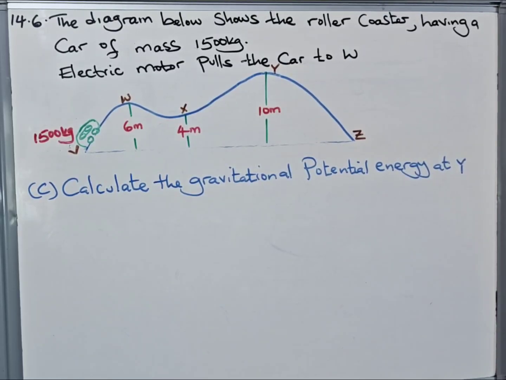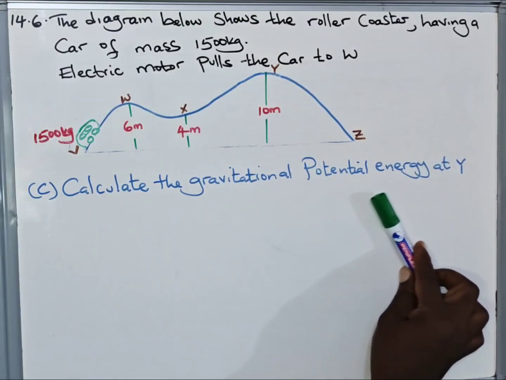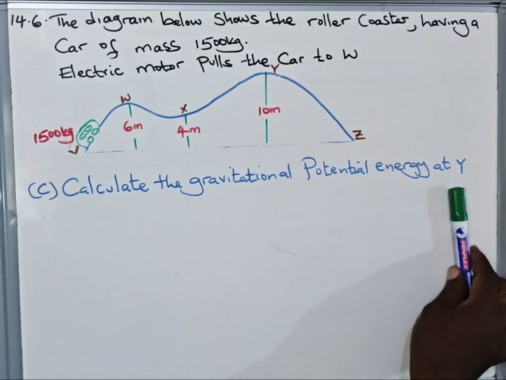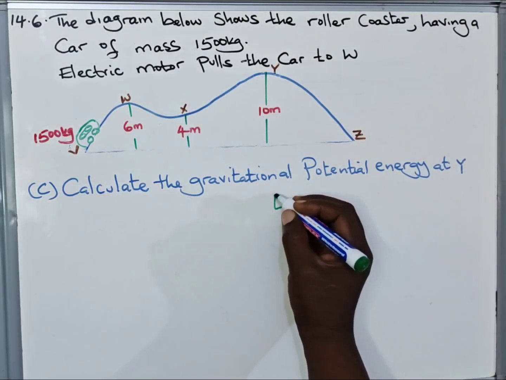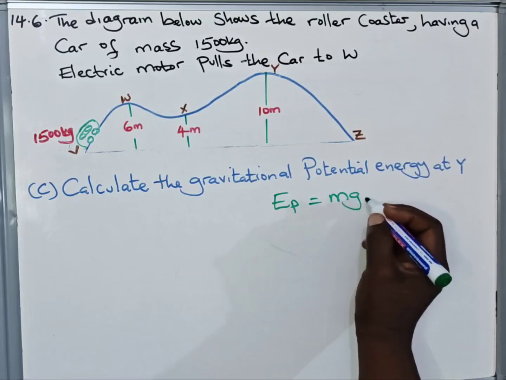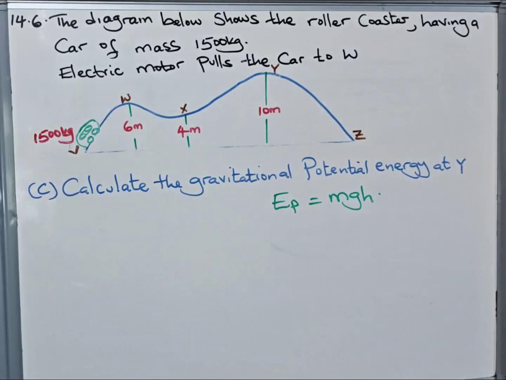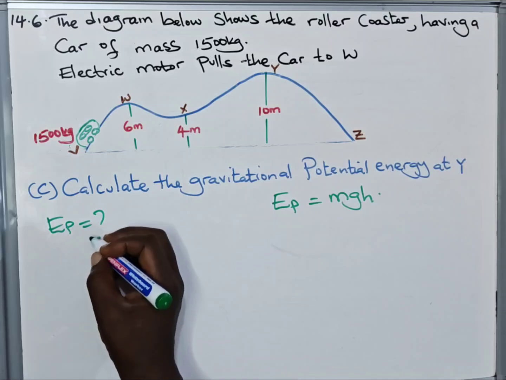Then comes this question. It says, calculate the gravitational potential energy at Y. Okay, so this is Y. We'll have to remember that the gravitational potential energy is given by this expression, mgh, where EP is what we are looking for.